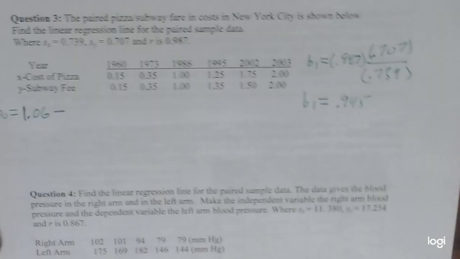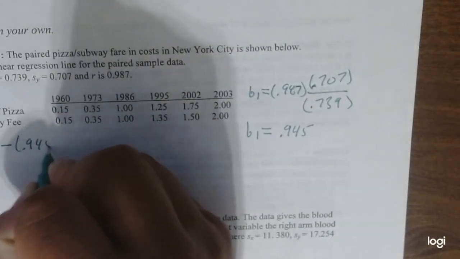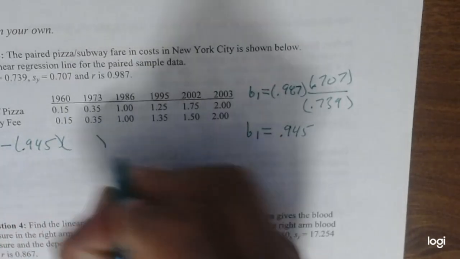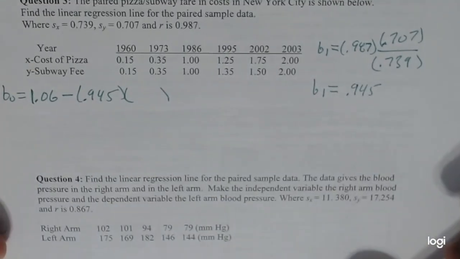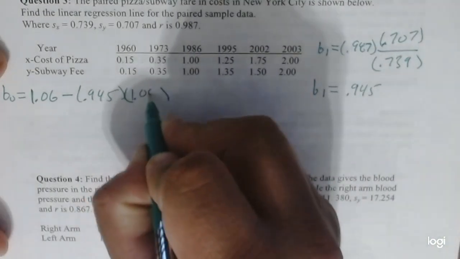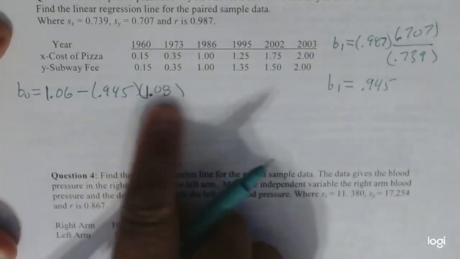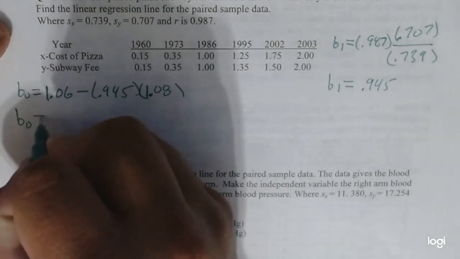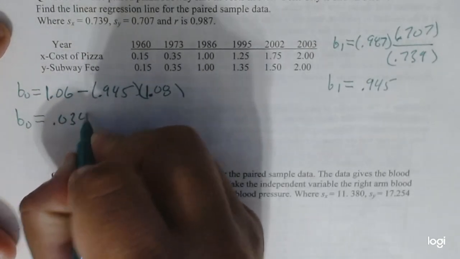And then minus, because again our equation says minus, b1, which is 0.945, times the mean of the x's. So we find the mean of all the x variables, in this case the cost of pizza, which you should get roughly 1.08. Then finally, multiplying and subtracting, our y-intercept should be approximately 0.034.